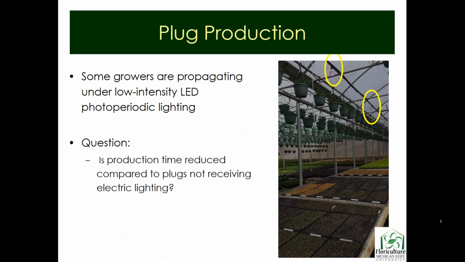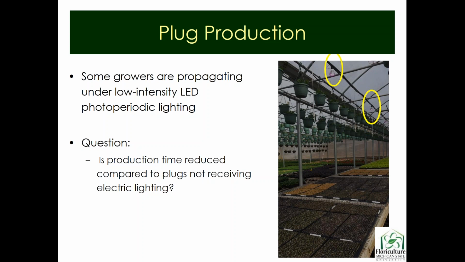So one thing that my colleagues and I have found, I'd say in the last year or two, is that some growers are installing these low intensity photoperiodic LEDs. You can see those right here. These are basically the screw-in LEDs that are replacements for incandescent lamps. Some growers are buying the horticultural ones.